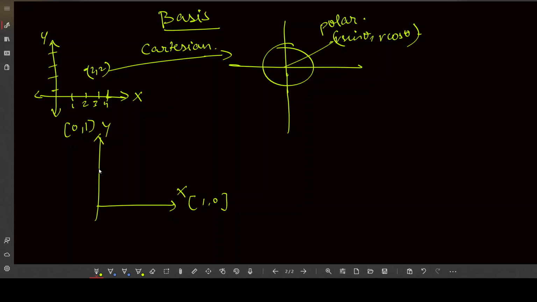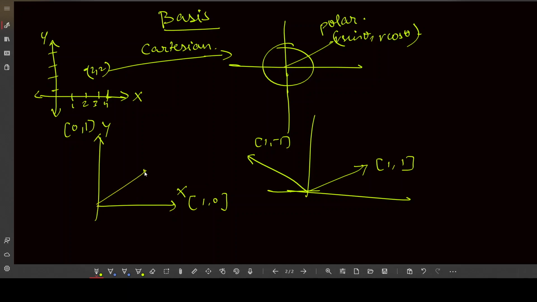And similar to this, let's assume that this is equivalent to the Cartesian coordinate plane. But it can so happen that someone else, maybe my friend, doesn't work in this normal basis. Maybe he works in a different basis. Maybe his basis is defined by something like 1 comma 1 or 1 comma minus 1, right? Maybe he works in this.